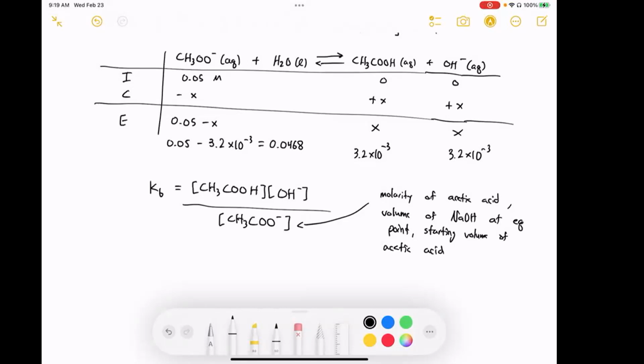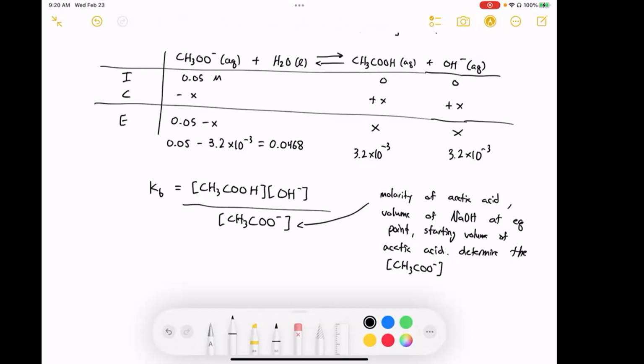Using all of these, you can determine the concentration of acetate ion. If you reacted all the moles of acetic acid with sodium hydroxide, then the concentration should be roughly the same as the starting acetic acid.